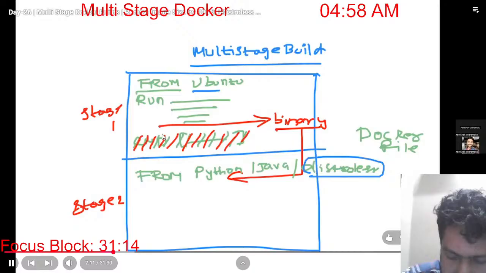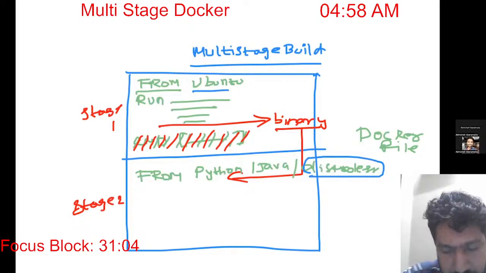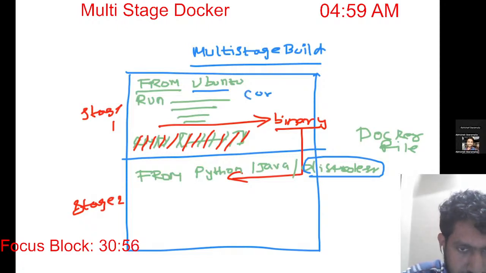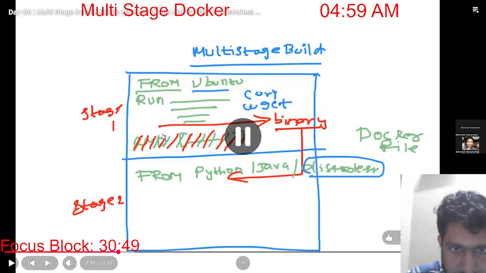But before that, you understand that here you are using a FROM Ubuntu image because it is very easy to install packages, or it is very easy to get all the dependencies that are required for building your application on the Ubuntu image. For example, Ubuntu image by default has curl. Ubuntu image by default has wget. Ubuntu image by default has a lot of things that are required for building your applications.